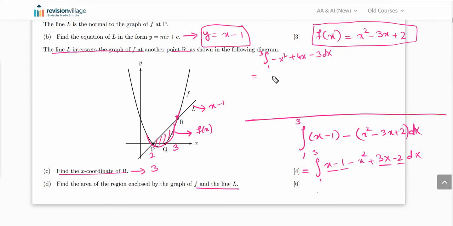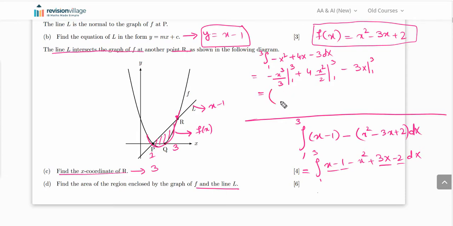Now I'll integrate them separately. So the integration of x squared will be negative x cubed over 3 from 1 to 3, these are the limits, plus 4 times x squared over 2 from 1 to 3 minus 3x from 1 to 3.